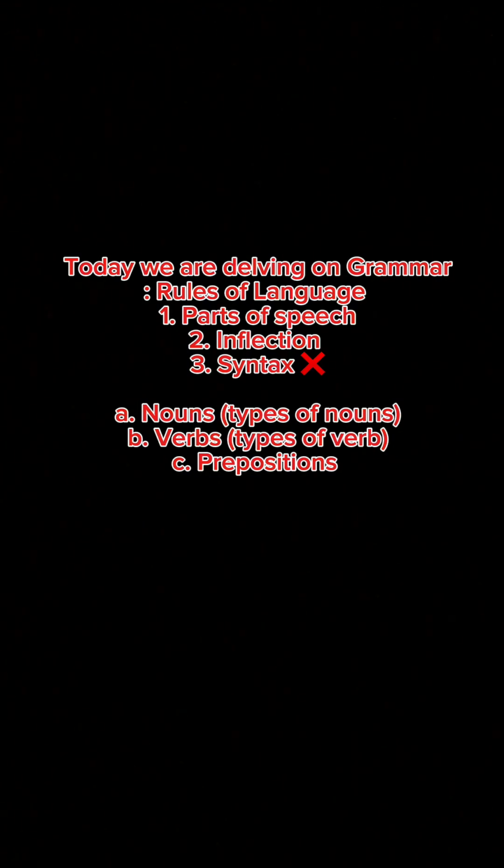So mainly in grammar, we use primary parts of speech: adjectives, verbs, prepositions, like that. And then inflection is the formation of new words. And then syntax is the arrangement of sentences, how sentences are arranged. We're going to do that, you'll see.